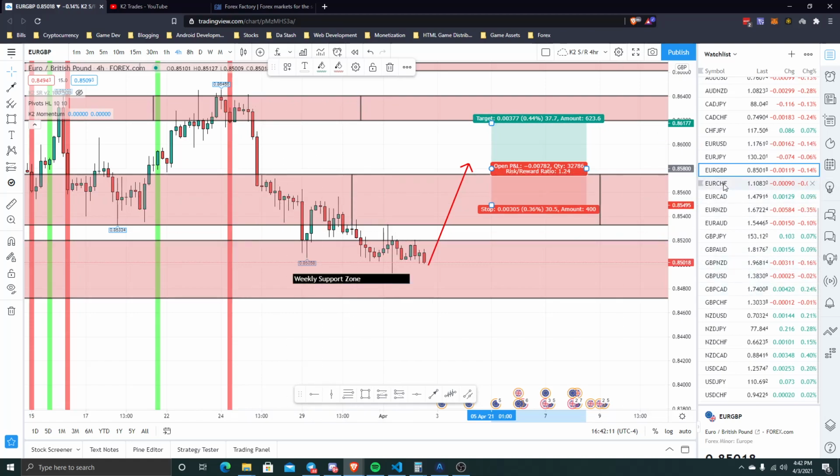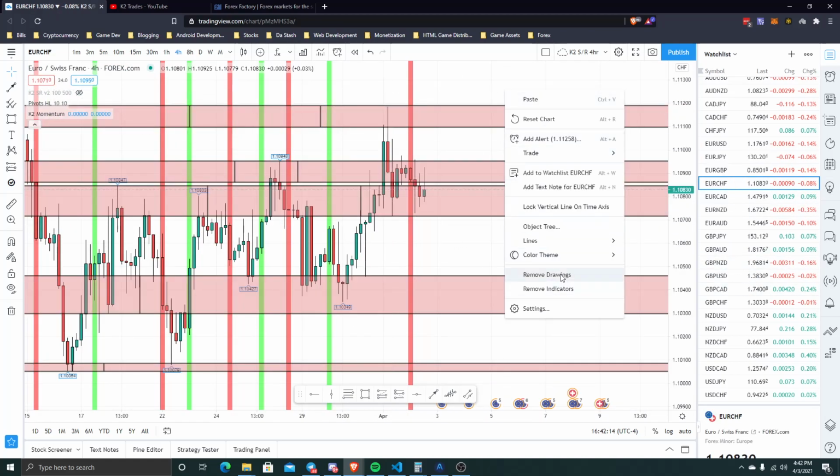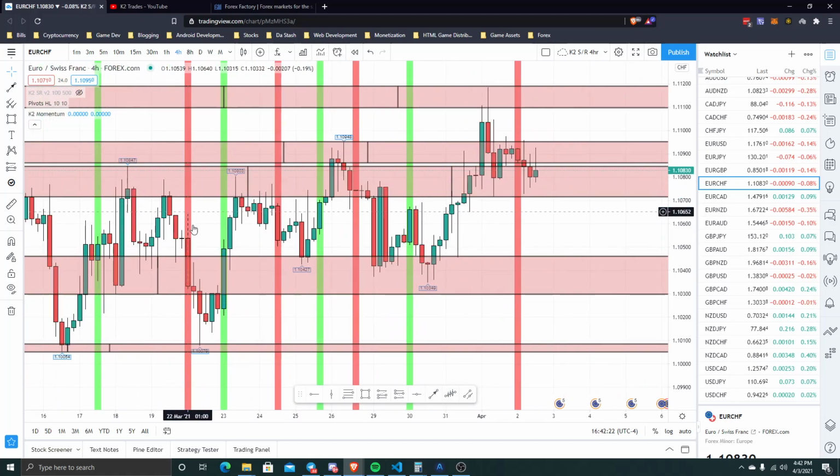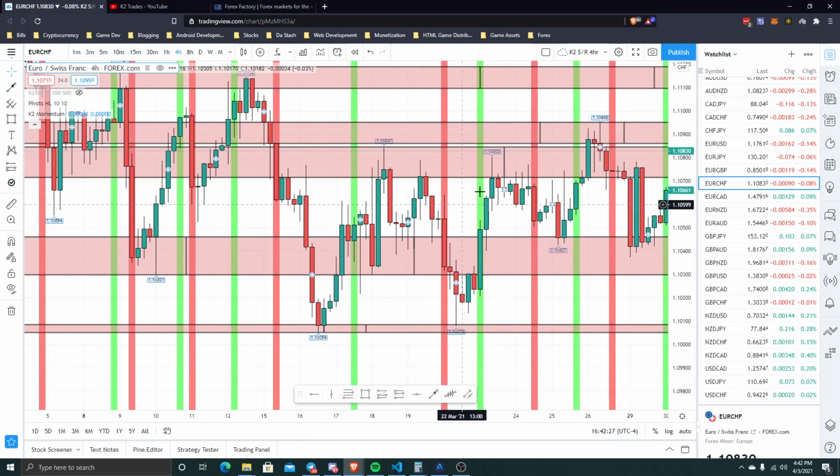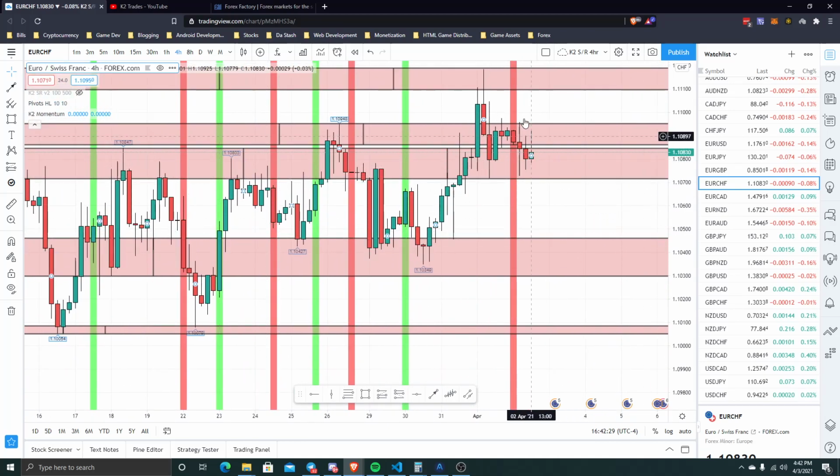All right. And most of the Euro pairs, like Euro GBP and Euro CHF, I really don't trade that much, because just look at this movement right here. It's so unpredictable, and you get a lot of sideways movement with these pairs.